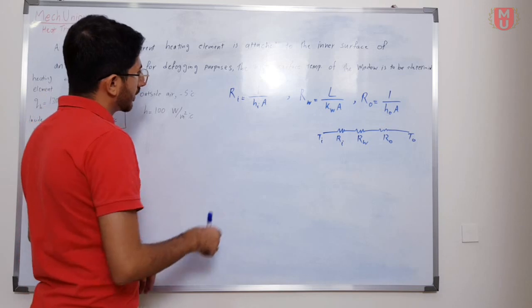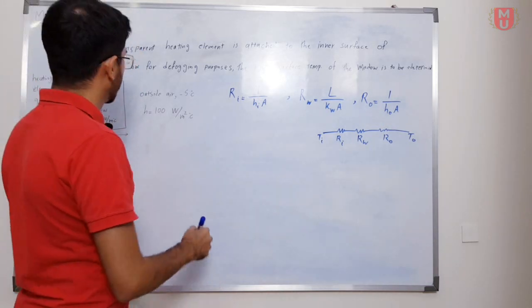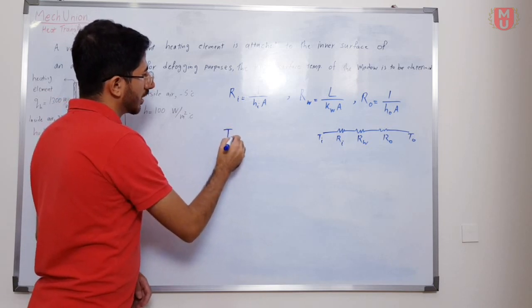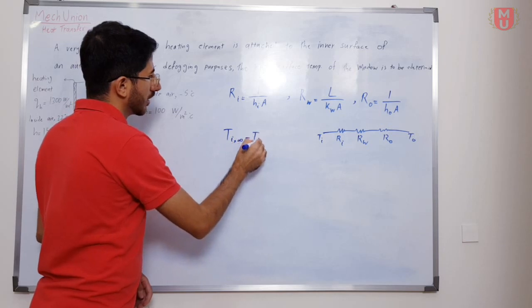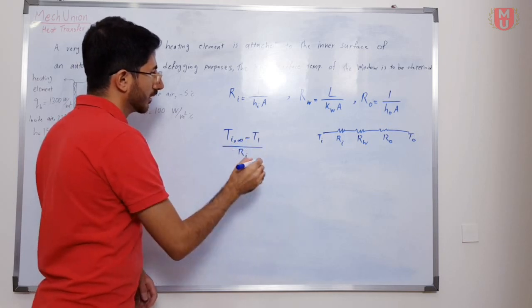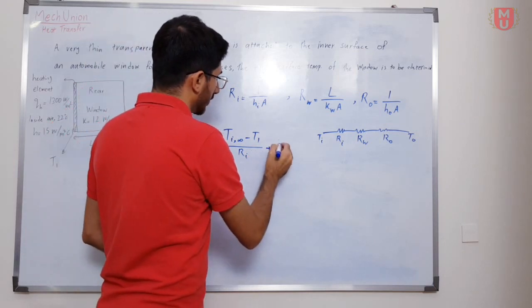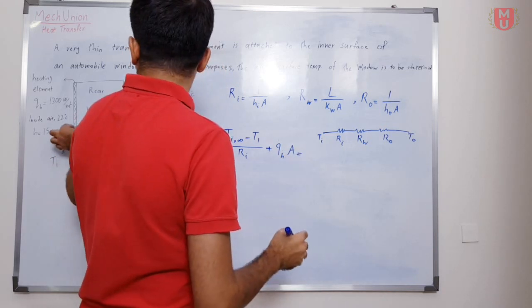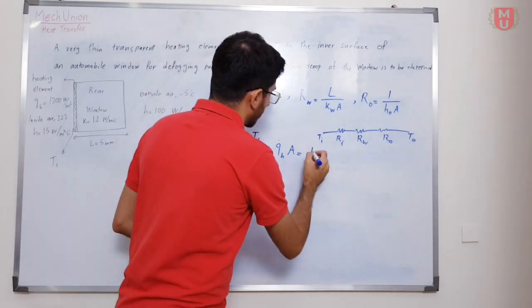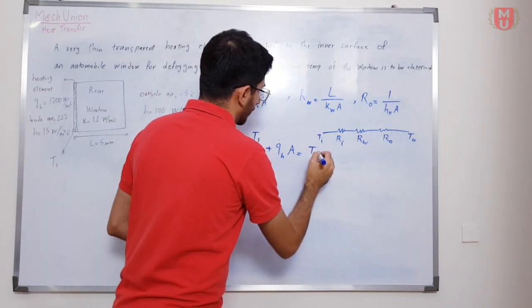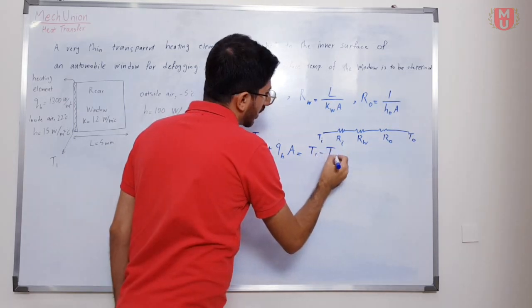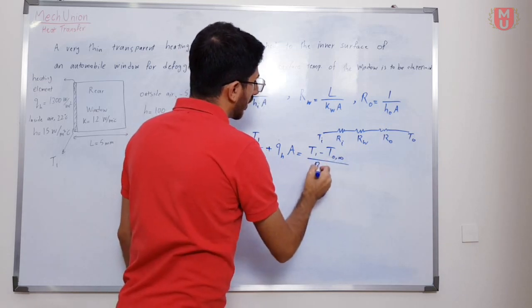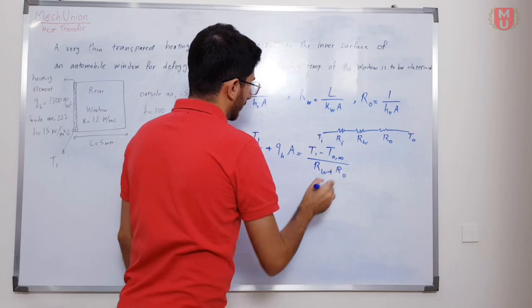Okay, by using energy balance, we write down the energy balance equation. We have delta T over R of I, T of I infinity minus T1 over R of I plus Q dot of H times A equals, this equals outside, T1 minus T of outside infinity over R of window plus R of outside.